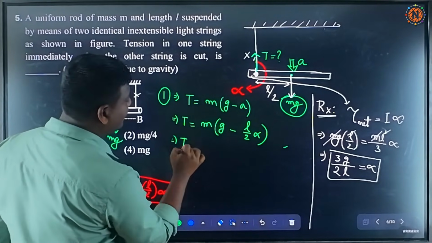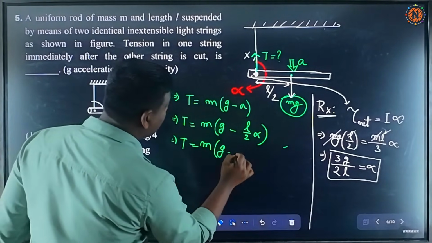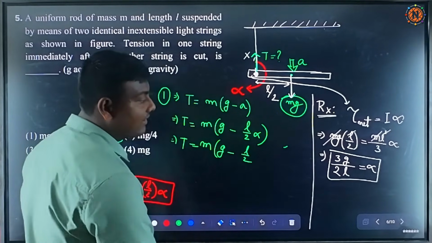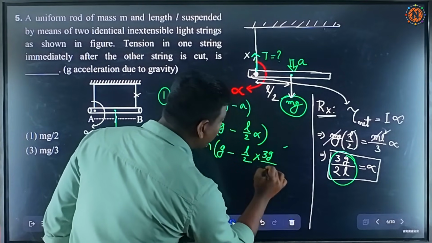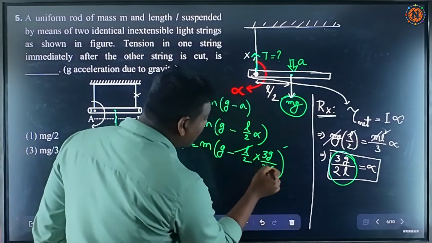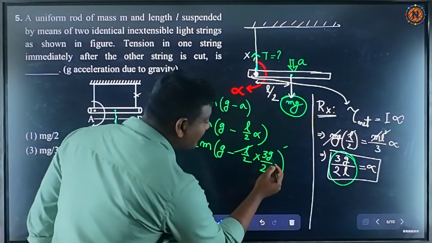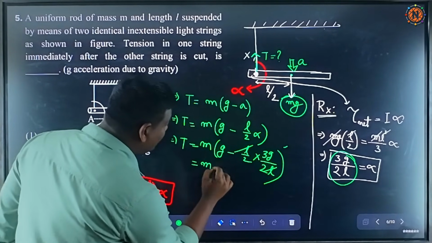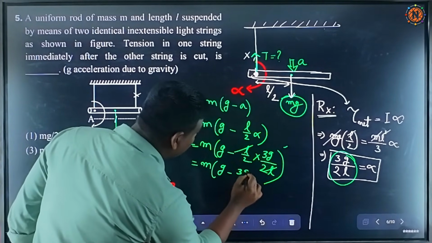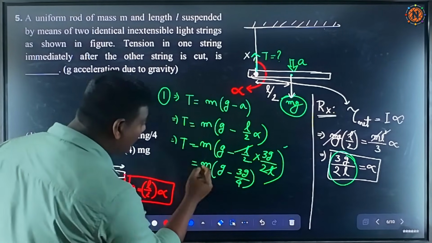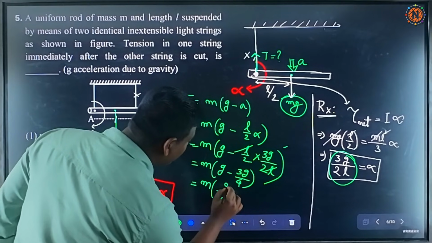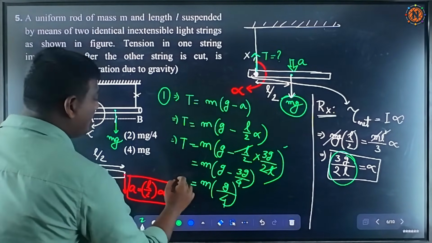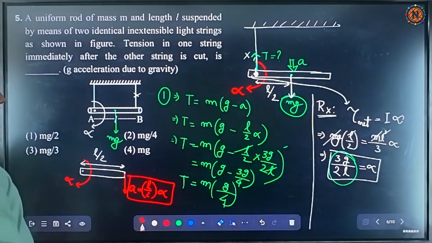What is the value of alpha? Alpha we got as 3g by 2L. So L will cancel, and this will be 3g by 4, so mg minus m 3g by 4. Take the LCM 4. So 4g minus 3g will be g by 4. So the answer will be mg by 4. So option number 2 is the answer.